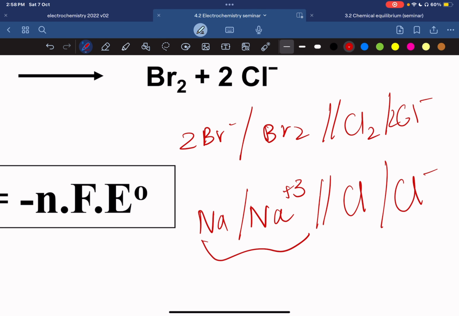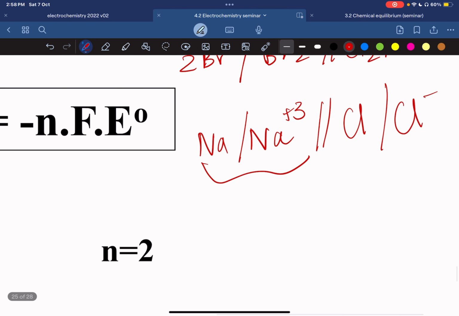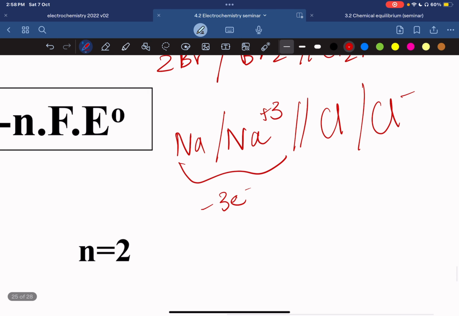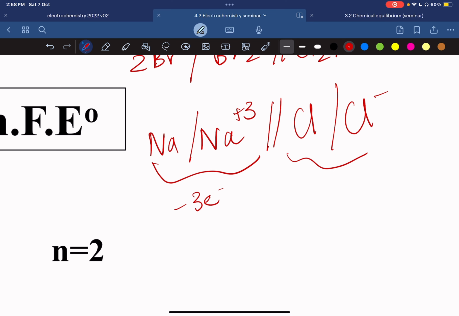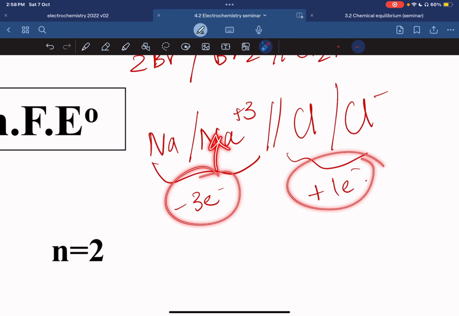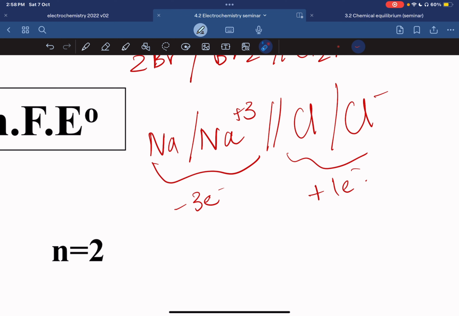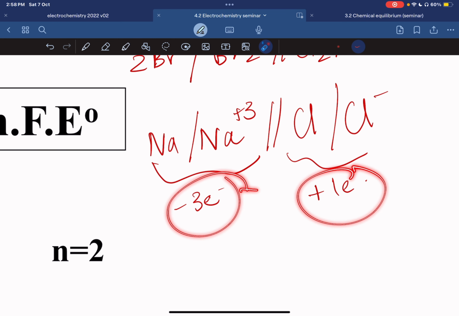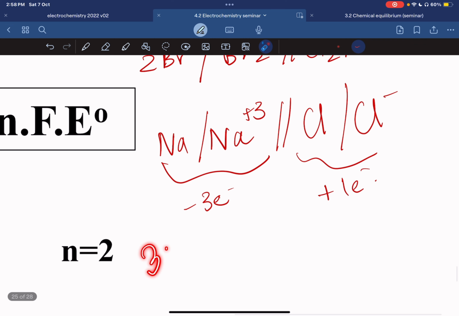Over here we can see that Na loses 3 electrons to become 3 plus, and over here Cl gains 1 electron. So now you can see that the number of electrons gained and lost is unequal. So what do you do then? In those cases, you multiply these two numbers to get your n. So it would be 3 into 1, which is 3. So your n would be 3.